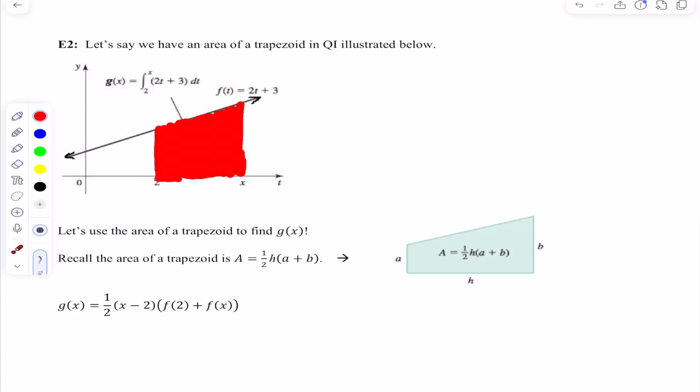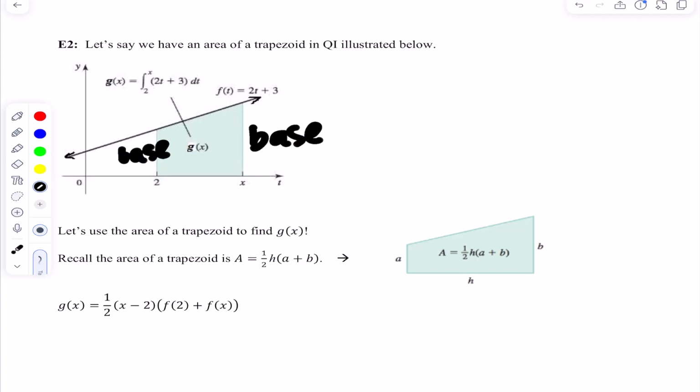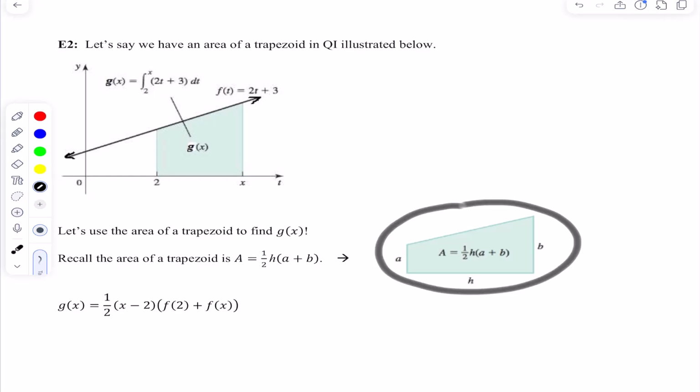Notice it is the shape of a trapezoid. It's just tilted. Here is a base. Here's another base. Why don't we find the area of this trapezoid using the area of a trapezoid formula?